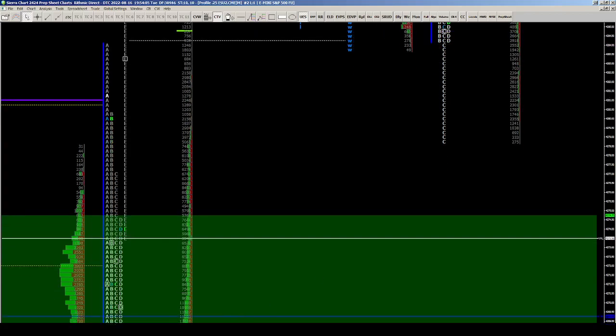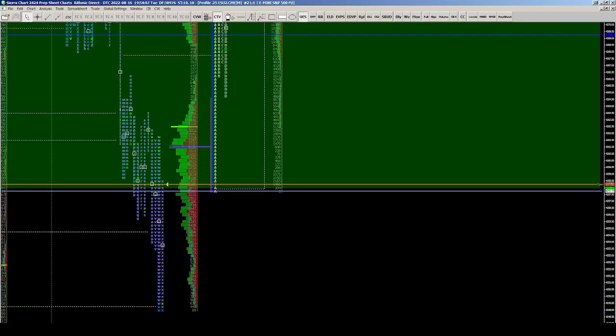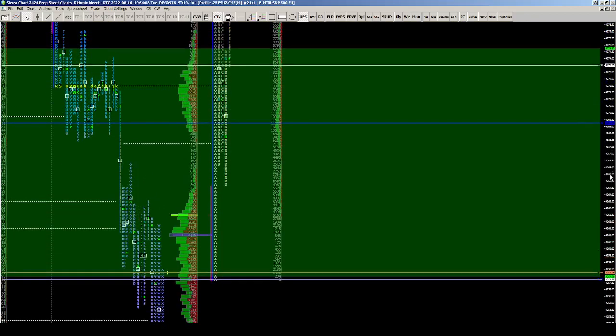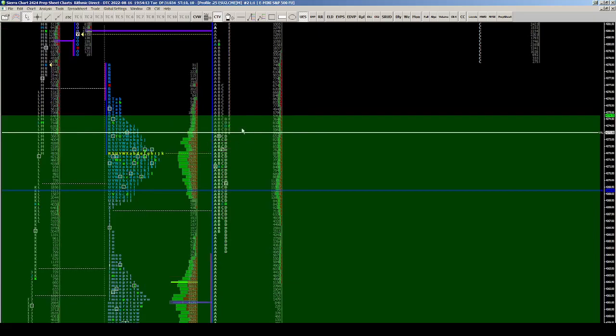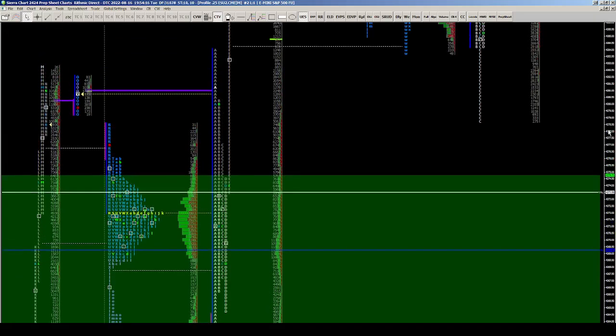Let me shorten this up here so I can show you. We were in Friday's range as well, because I said the range 2 days back. So C period came into the initial balance of yesterday. It was also into the latter part of Friday.